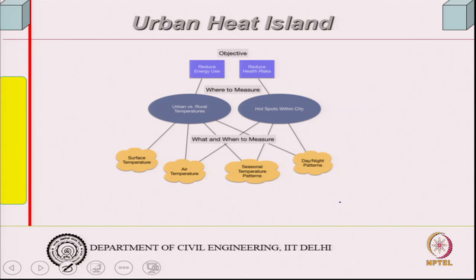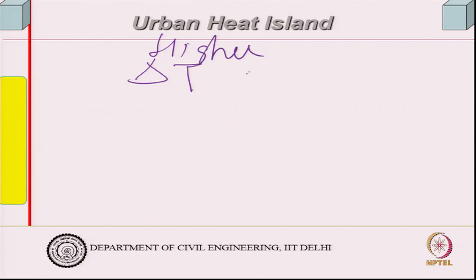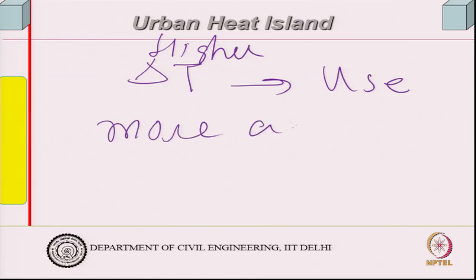So, how do we reduce this, because it has a cascading effect. Higher the delta T, you would possibly try to use more active system, heating or cooling system.